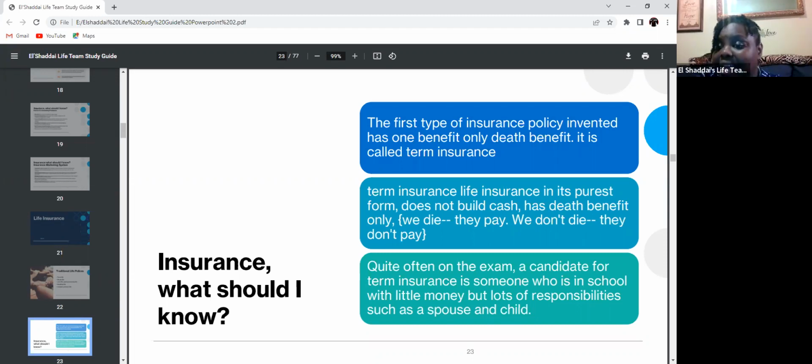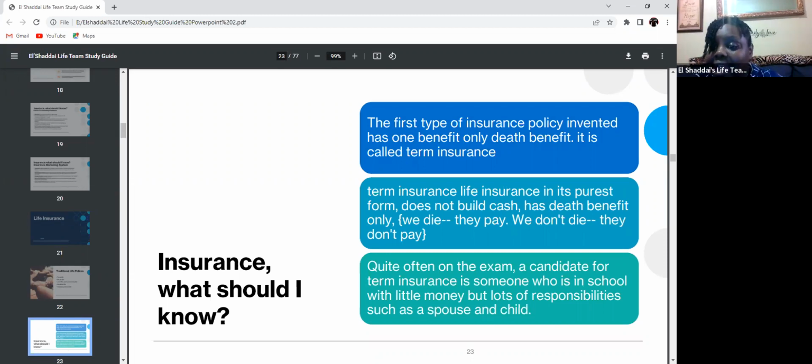Term insurance is life insurance in its purest form. It does not build cash value, it has death benefit only. We die, they pay. We don't die, they don't pay.